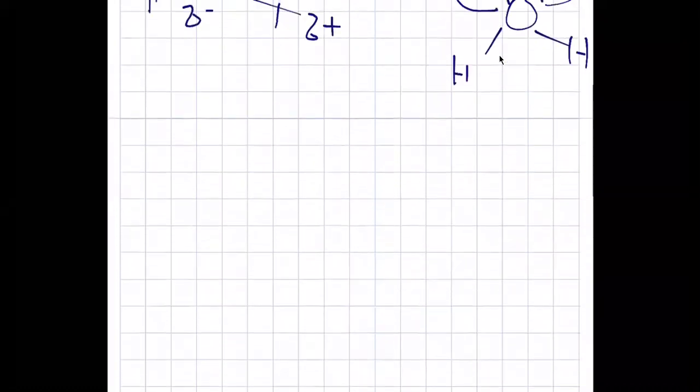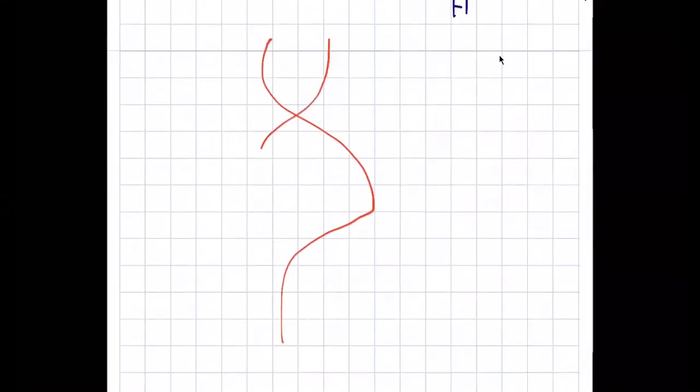You have a helix, a double helix like this, right? The attraction between the two sides of the helix, because each side is made up of a different strand, comes from hydrogen bonding.